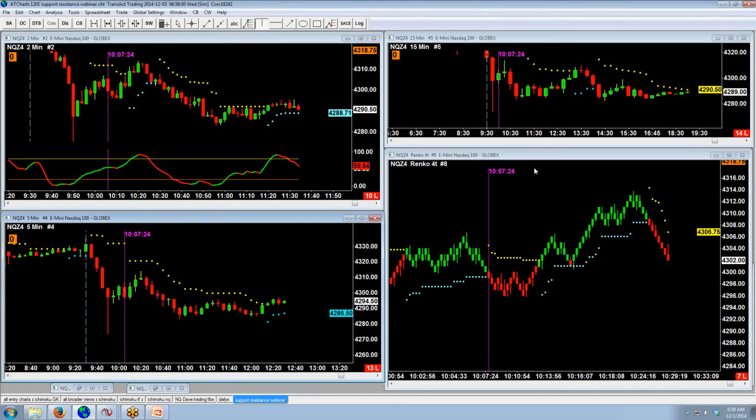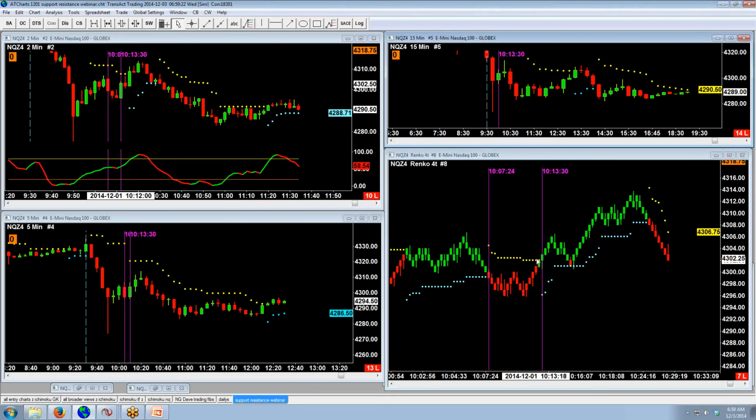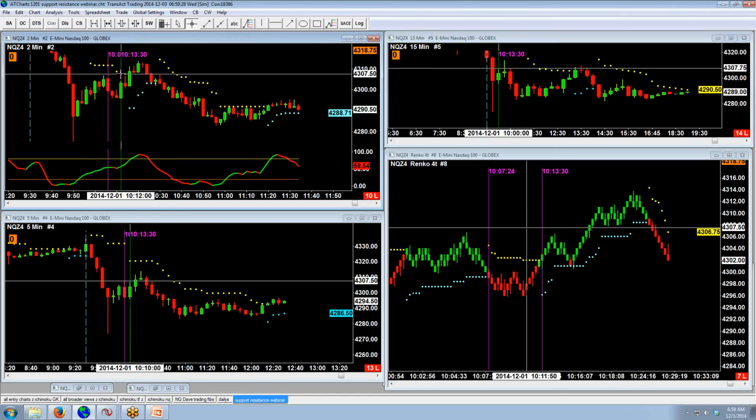Now if you look here, when I get a break above them at 10:13, right here, when I look at the other charts, you can see here on the 2-minute chart, I've got my dots up here at that time at 4307.50.